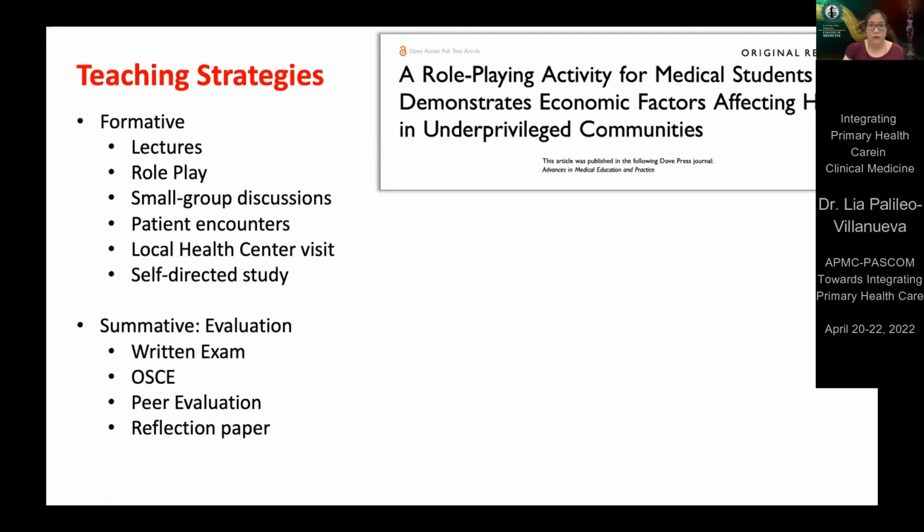And so we conduct a role-playing activity, where students vicariously experience the day-to-day difficulties of our patients in terms of the various economic challenges they face. This is a sort of simulation game that the students have really enjoyed, and that sets the tone.